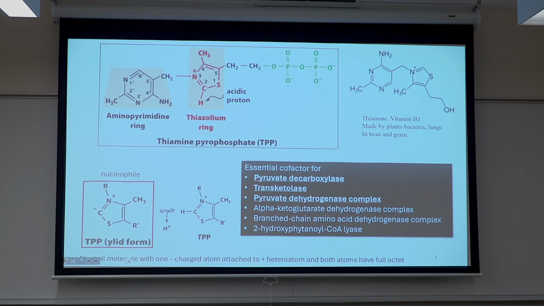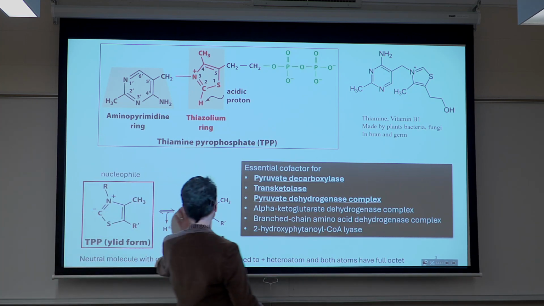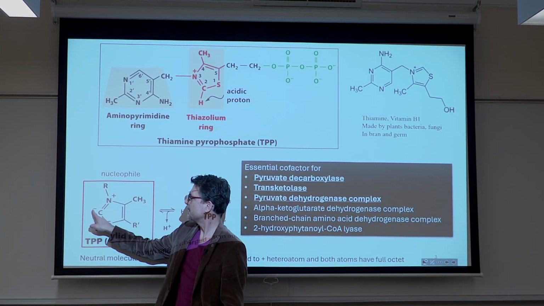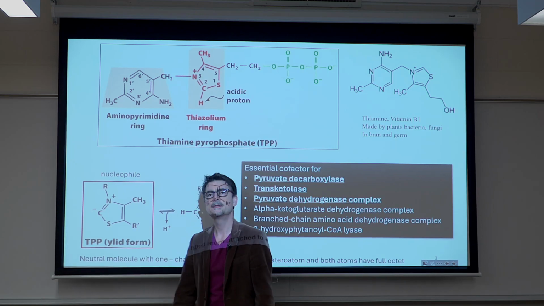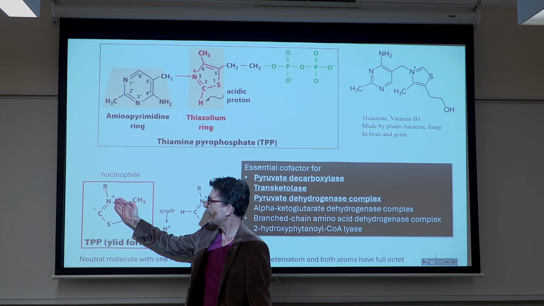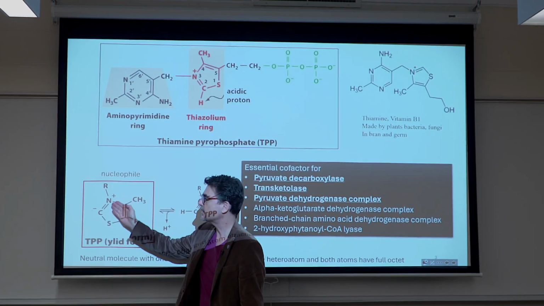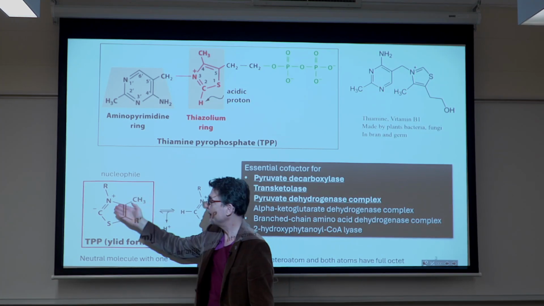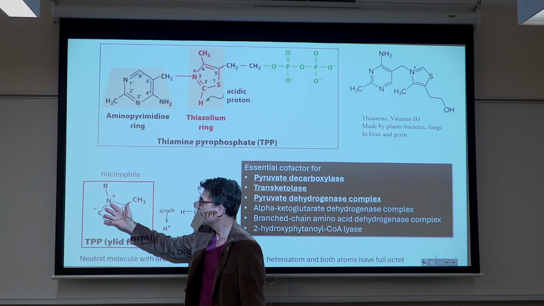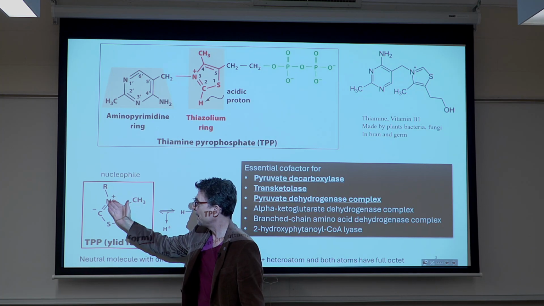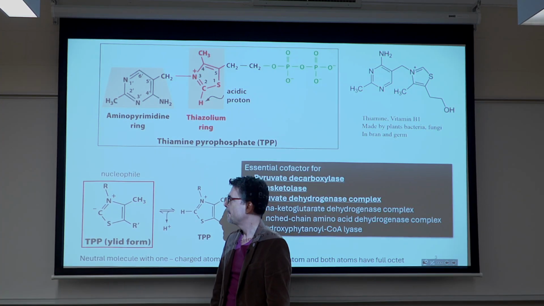So when we look at this, what makes that negatively charged stable? And that's right, this positively charged nitrogen. So it's an electron sink. Not only that, right, and so we can understand that the positive charge can stabilize a negative.